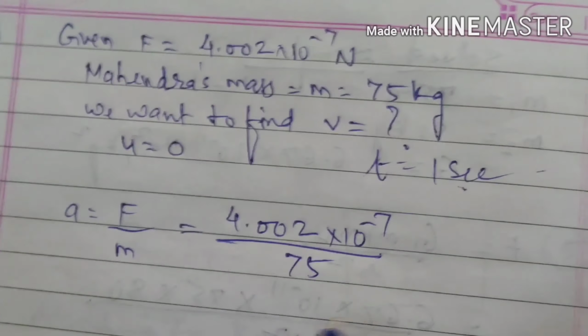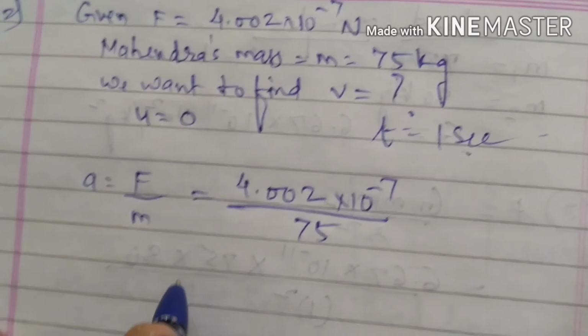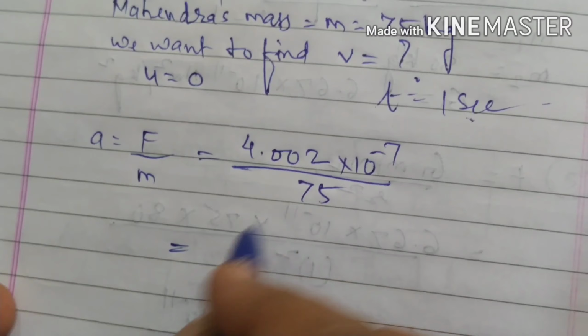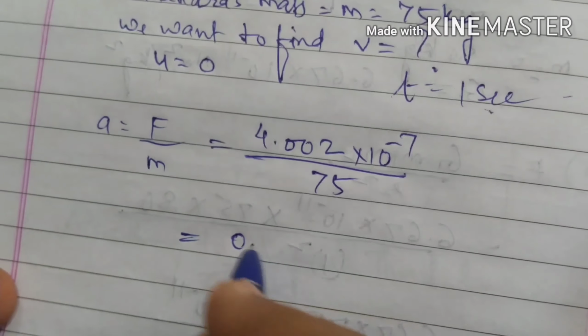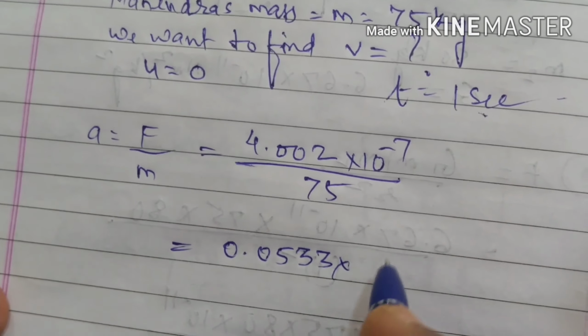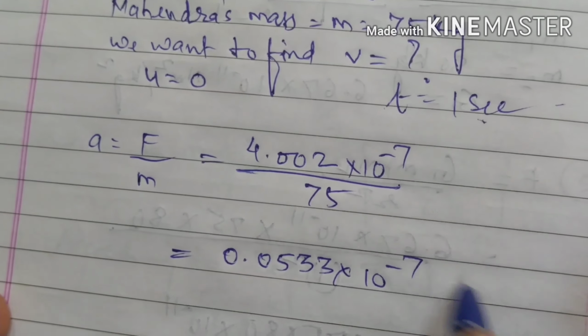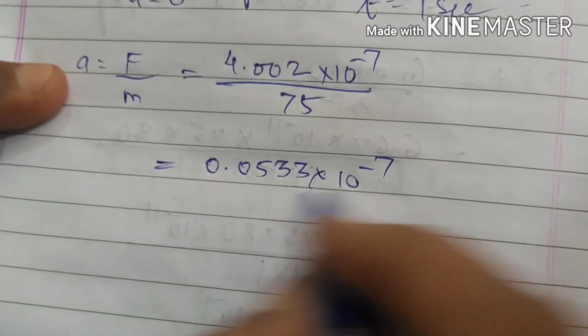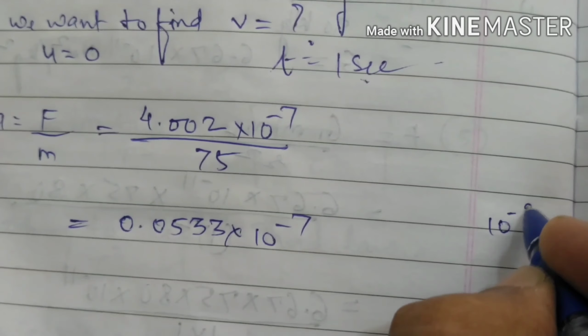Now when I simplify 4.002 upon 75, I got this answer, 0.0533 into 10 raised to minus 7. But in the book it is given 10 raised to minus 9.